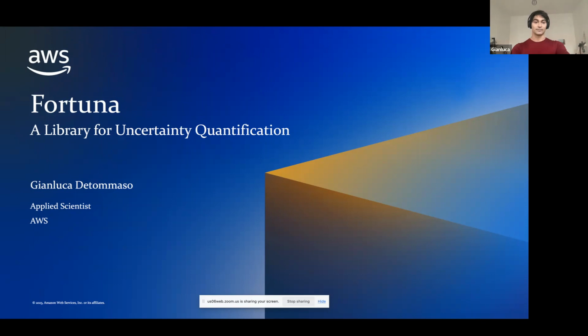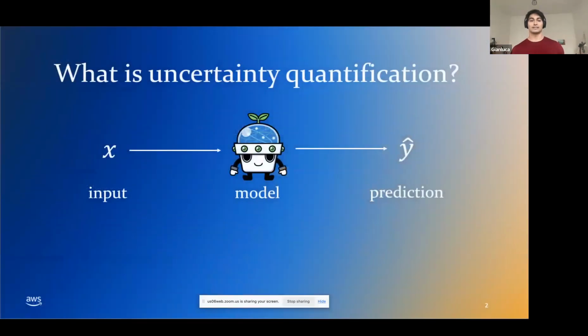So let's start with really the most fundamental question: what is uncertainty quantification? And I'm going to frame the framework in a very generic sense. So you have an input that we are going to define as X. This input is fed into any model potentially.